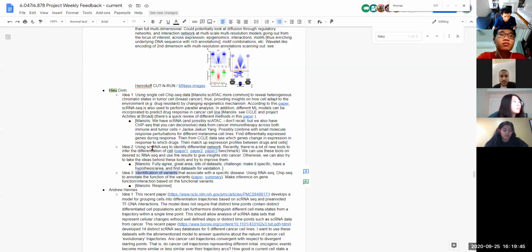Number 3, identify variants associated with specific disease. Using RNA-seq and ChIP-seq to annotate the functional variants, and gene function based on functional variants. So this is a very broad area, lots of data sets.